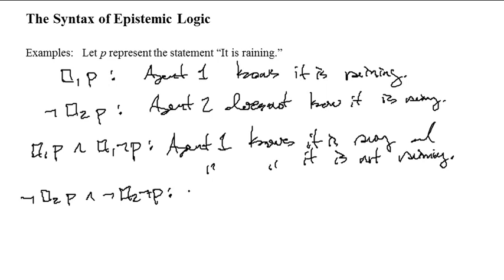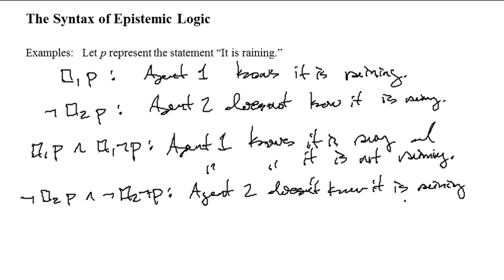So if I write this very carefully and formally, this would say that agent 2 doesn't know it is raining, and agent 2 also doesn't know it is not raining. Now, there really isn't anything paradoxical about this, even if we assume that people only know things that are actually true, which is going to be one of our assumptions for epistemic logic.